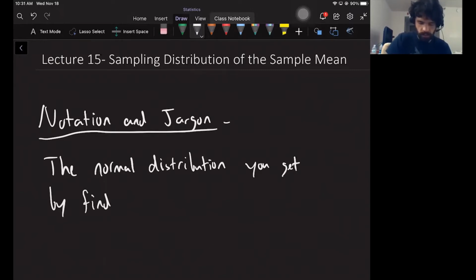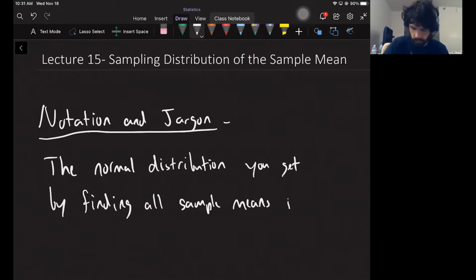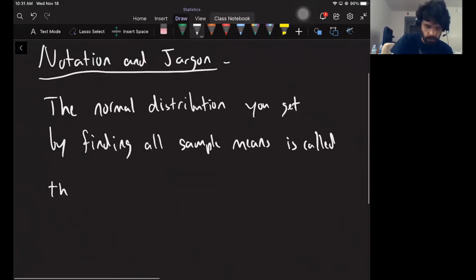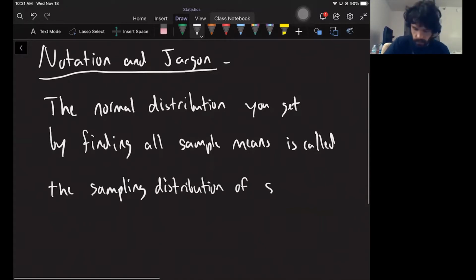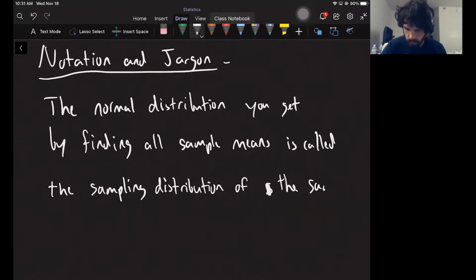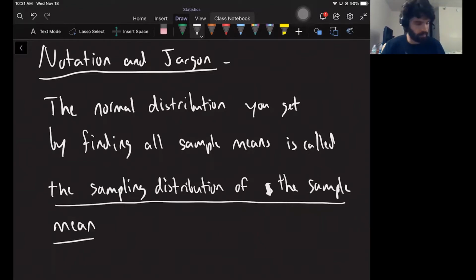So the normal distribution you get by finding all sample means is called, the title of this section, the sampling distribution of sample means, or of the sample mean. So that's the first bit of jargon.